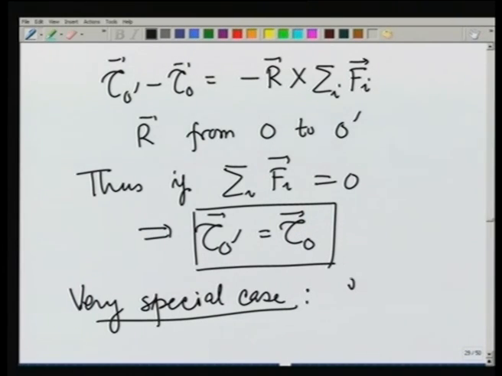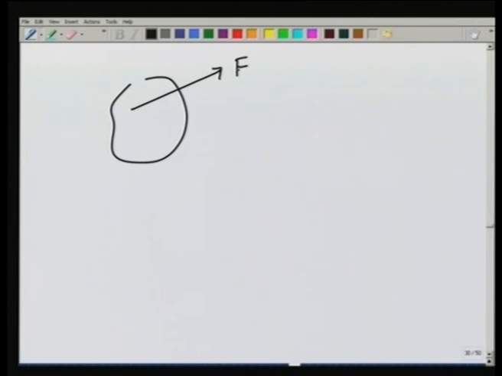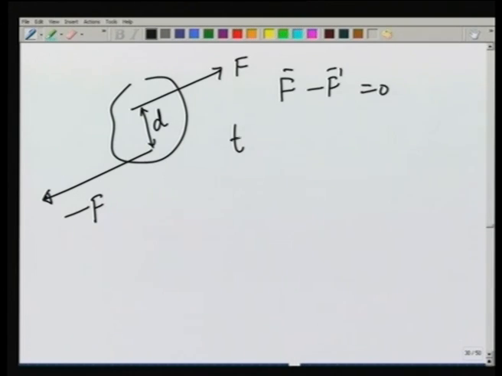is something called a couple, which is used in engineering mechanics quite a lot. And what is a couple? A couple is, suppose I take a body, apply a force F in one direction, apply a force in the opposite direction, minus F, and they are displaced parallelly from each other by a distance d. Then net force F minus F is equal to 0, and the torque need not be 0, because the forces are displaced from each other.